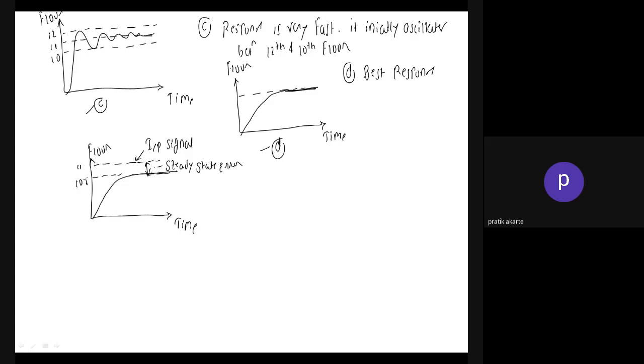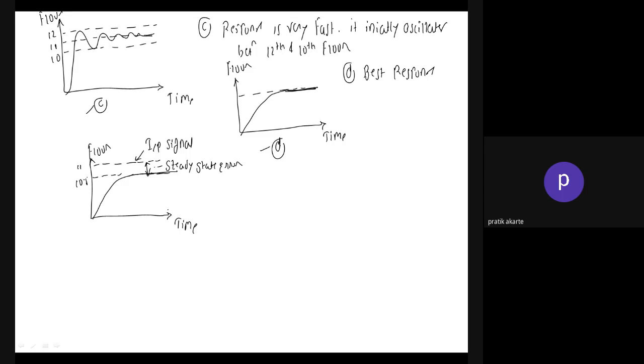So where I have to go and where I am, that difference is always there, whether you talk of the control system or your life. So it is called an error. And if it remains steady throughout your lifespan, it will be a steady state error.